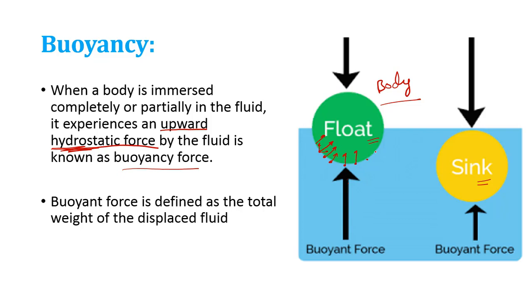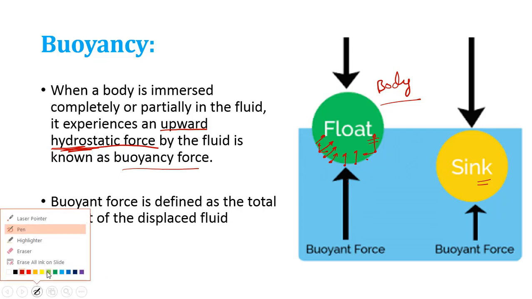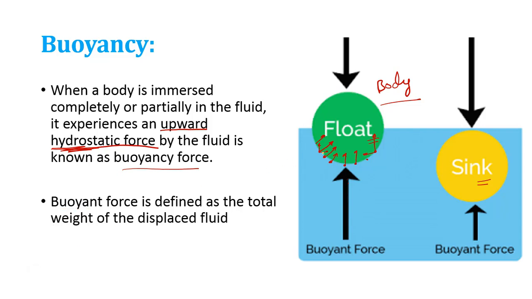Similarly, opposite to this point, we have this point. So here also one horizontal and one vertical. As they are at the same horizontal level, the pressure remains the same. So these horizontal forces will get cancelled with each other.